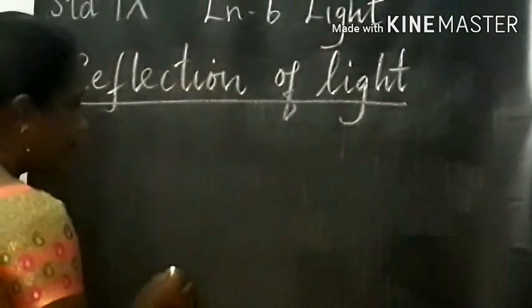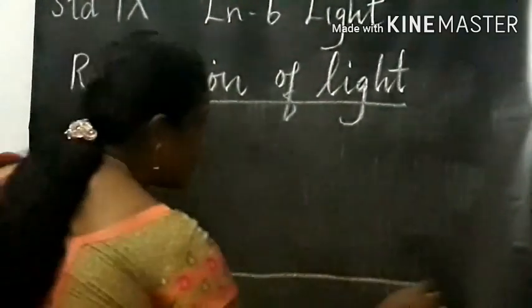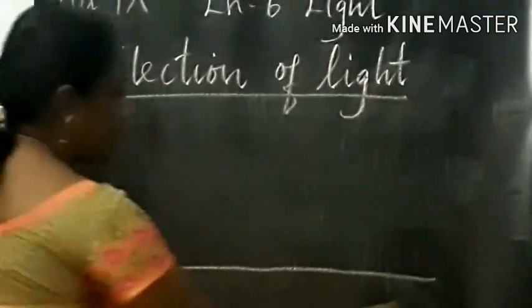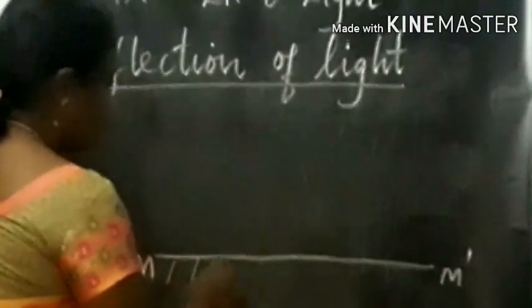Now consider a polished surface or a mirror M dash.